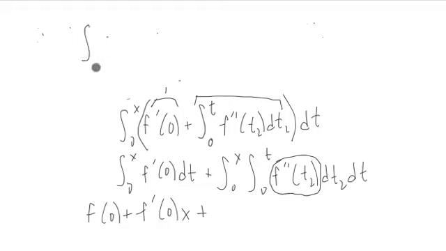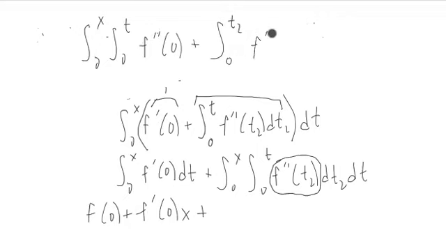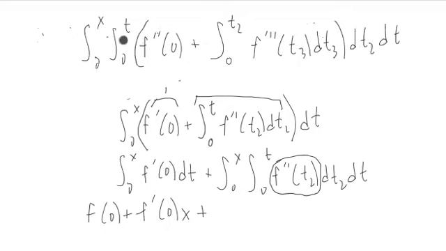We're going to have an integral 0 to x, 0 to t, and then we have f double prime of 0 plus an integral from 0 up until t2, which is what we're plugging into f double prime, of the derivative, plugging in a new variable, and dt3. Okay, and all of that has a dt2 and a dt with this kind of nesting right here. So this integral with that dt, this integral with that dt2.